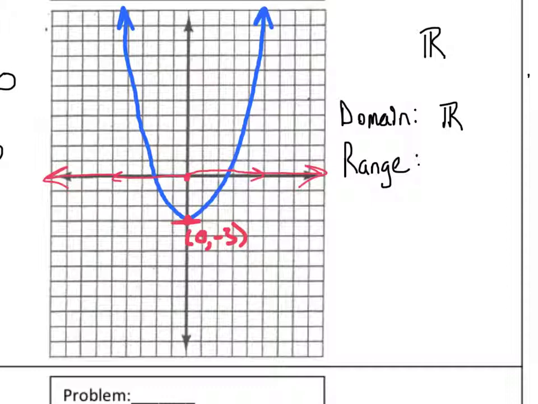Remember we talked about maximum and minimum values last semester for parabolas? That is our minimum value for our parabola. So since it's the minimum, we know that all of our y values can either be -3 or bigger than that. So therefore y is greater than or equal to -3. That is our range.